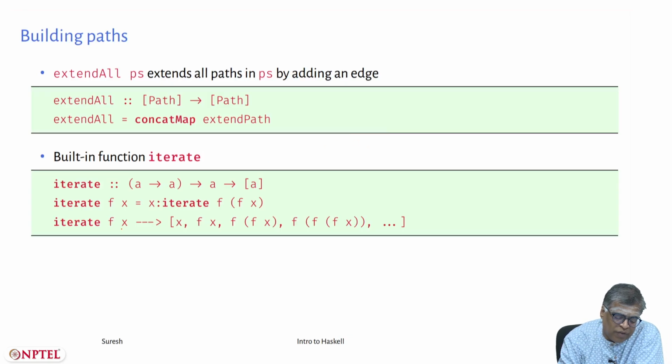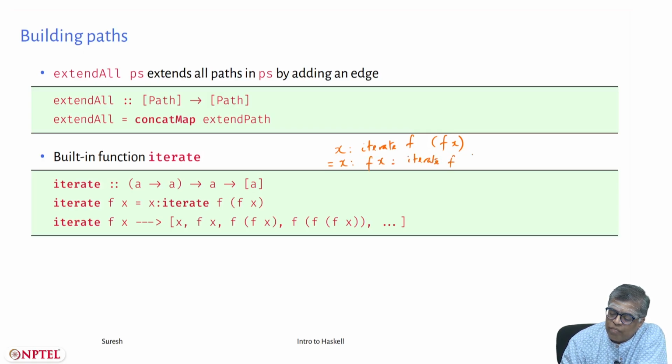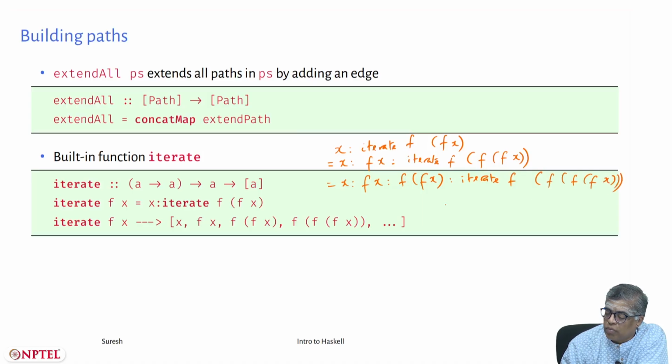So if I do iterate f on x, I will have x followed by f of x followed by f of f of x, and so on.